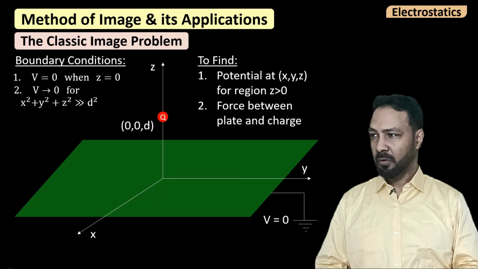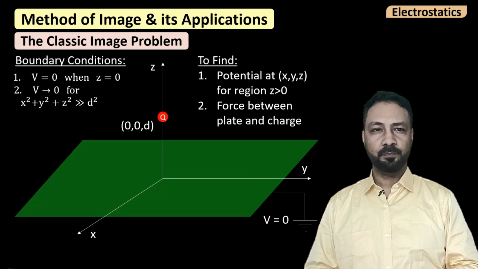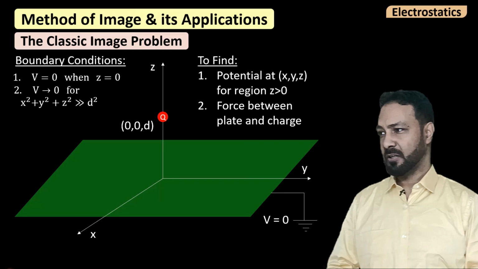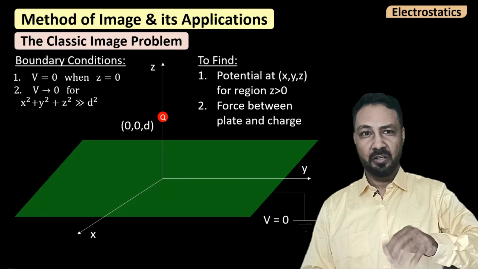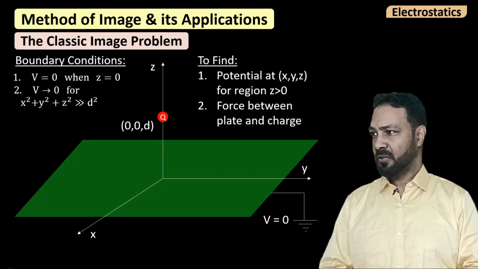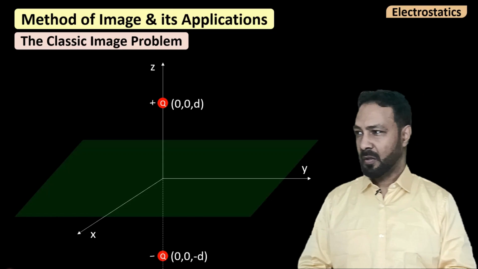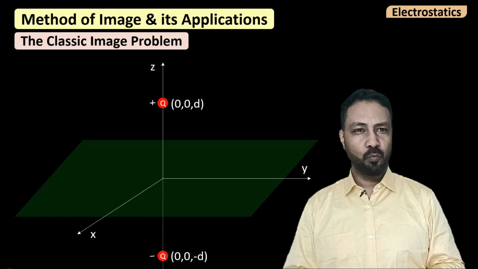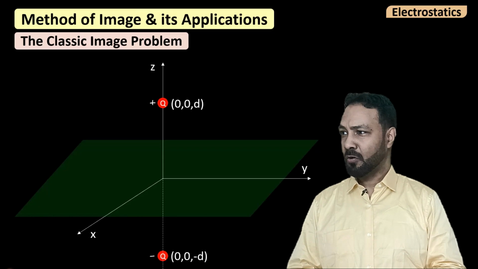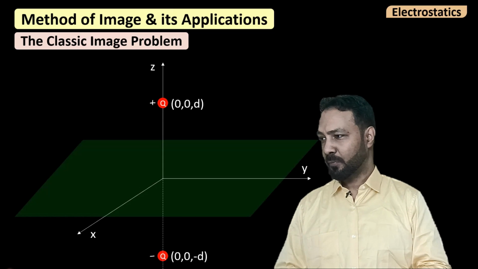So now I need to look for an alternative situation which gives the same boundary conditions for the potential as this distribution, the sheet and a point charge. The alternative situation is this. I put two point charges: one point charge plus Q at (0, 0, d), the same position as the charge in the previous situation.